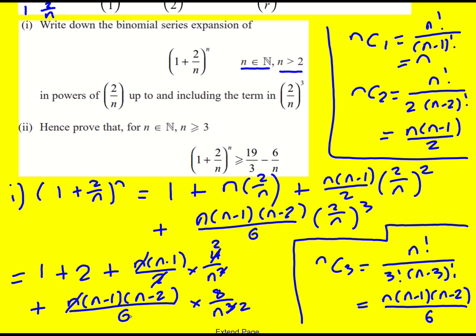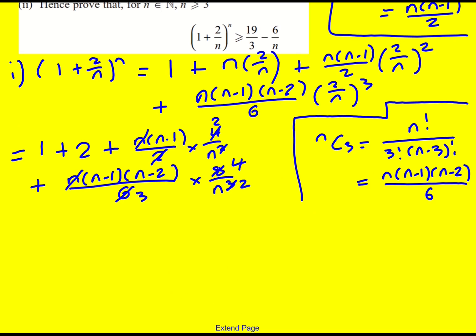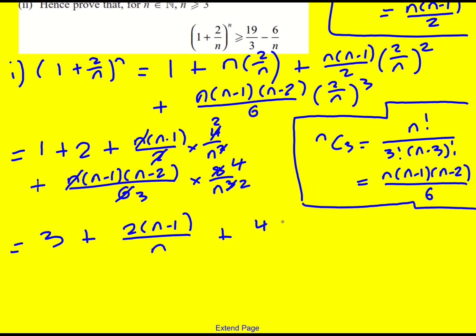This now becomes n squared. Can divide each of these by 2 to leave me 3 and 4. So I'm going to get 3 plus 2 times n minus 1 over n plus 4 times n minus 1 n minus 2 all over 3n squared.